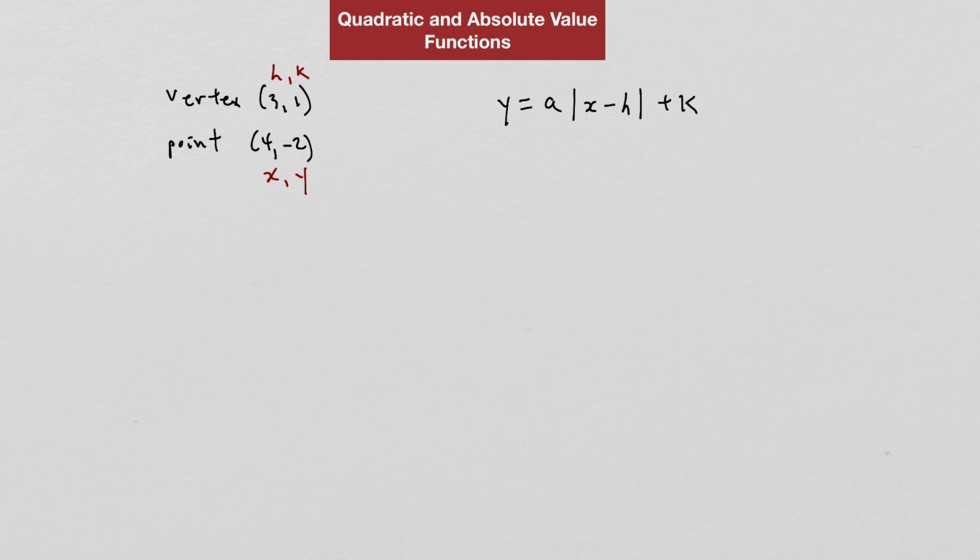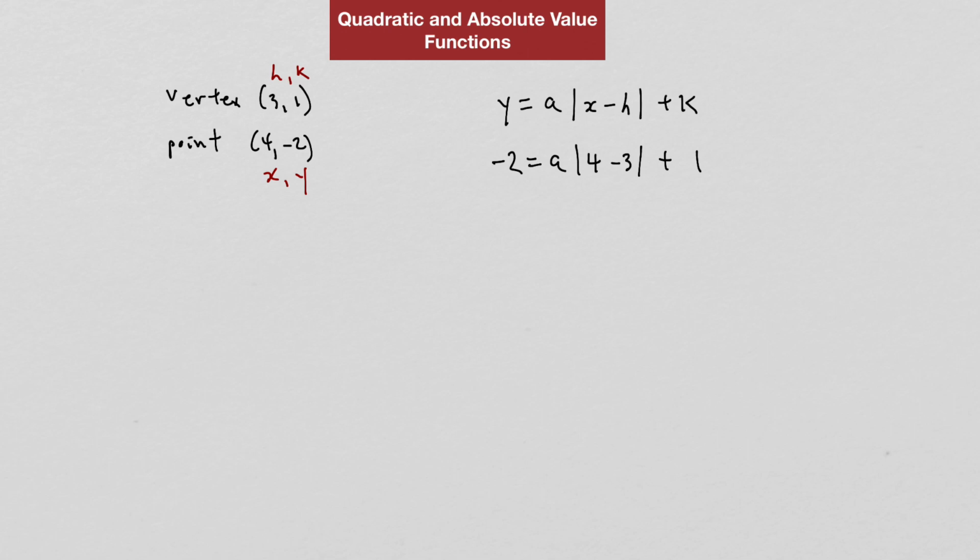Once we have that labeled, we can plug those values into the equation, and we get 4 is equal to a times the absolute value of, I'm sorry, not 4. That should be -2. Equals a times the absolute value of 4 minus 3 plus 1.